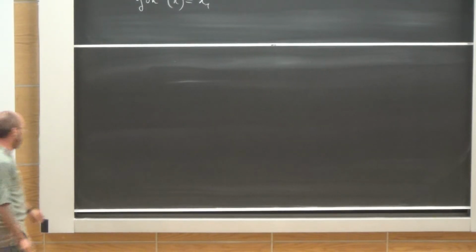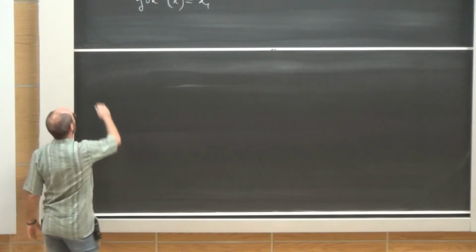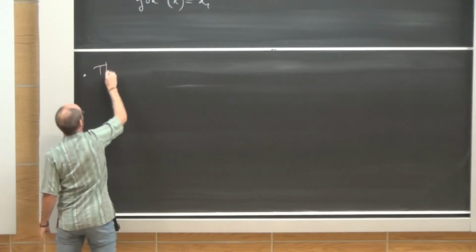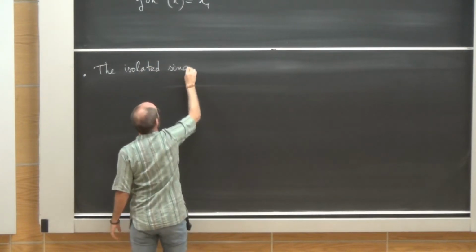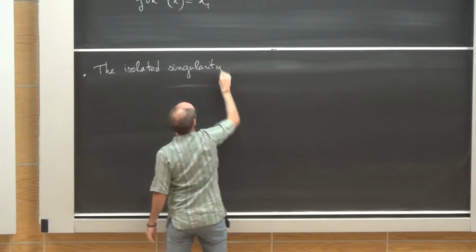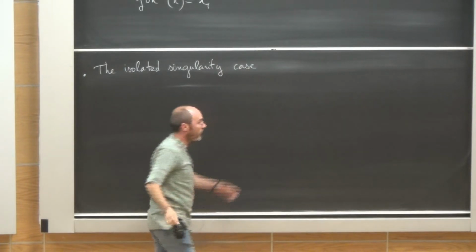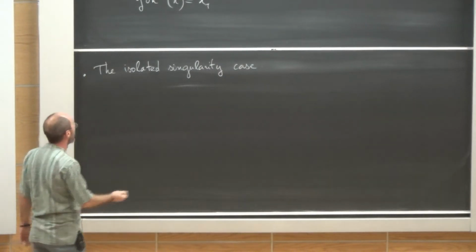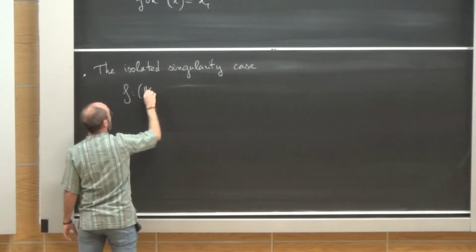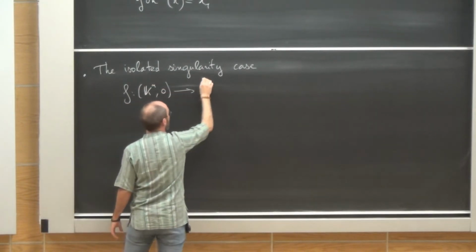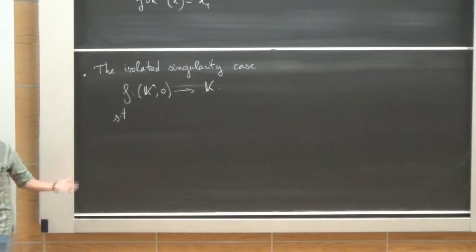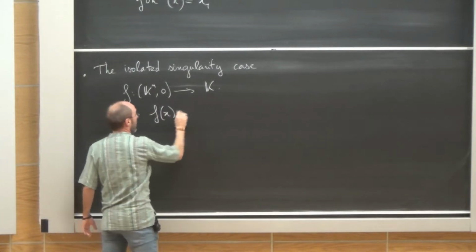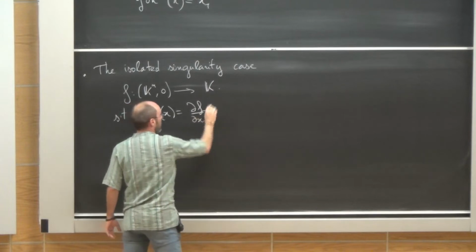One more case, which is not that easy, and I will not give a proof of this, is the isolated singularity case. So for instance, for functions, because I begin with functions, we consider a function f such that the common zero locus of f and its partial derivatives is the origin.